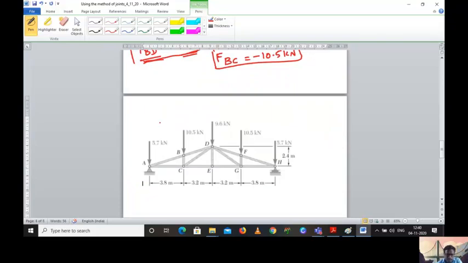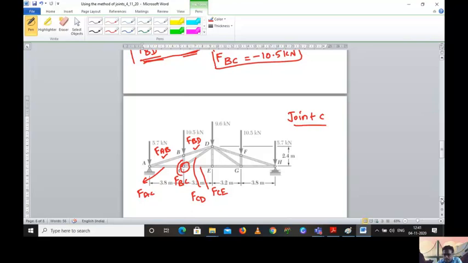Based on the previous calculations, we have calculated FAB, FBD, FBC and FAC. The only left out forces are FCD and FCE. These two we are going to calculate by considering joint C.